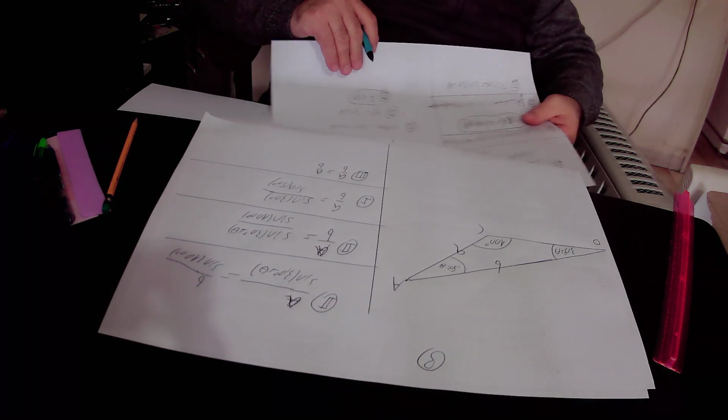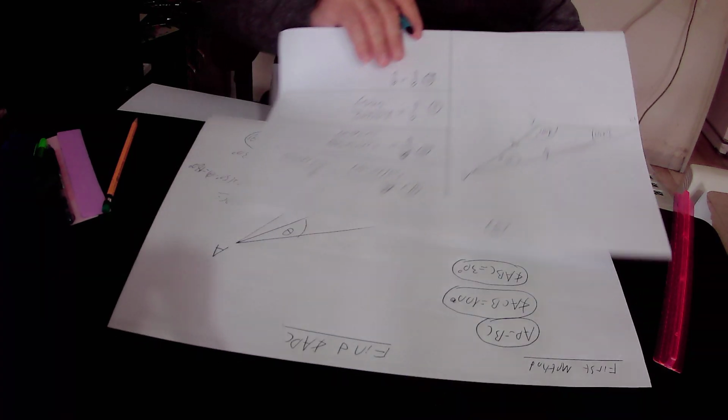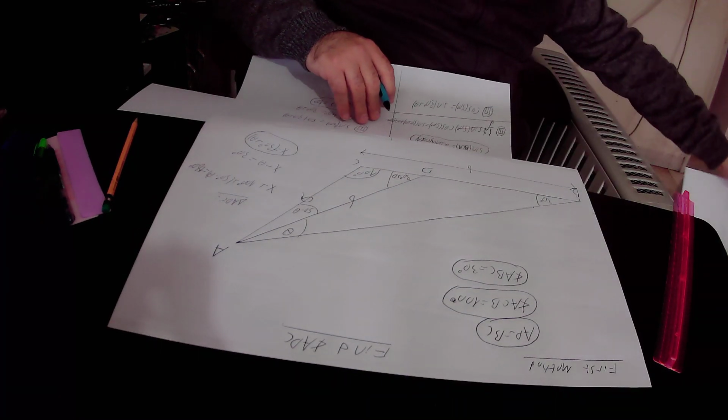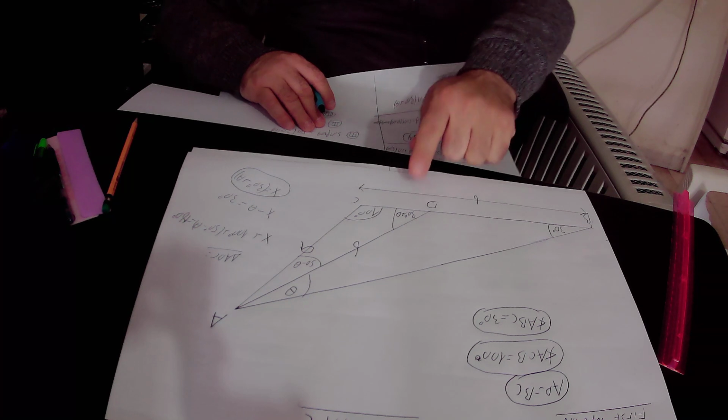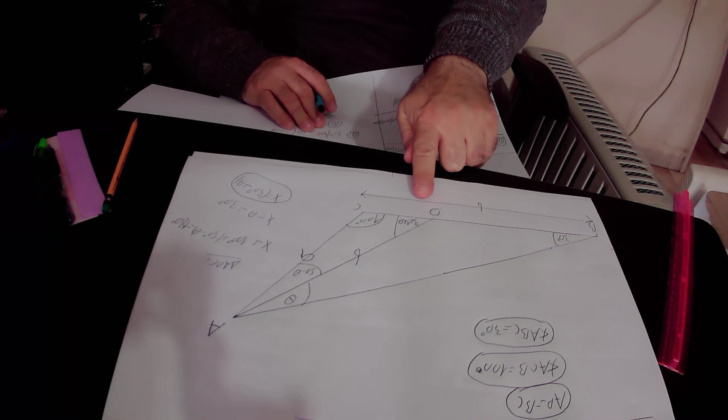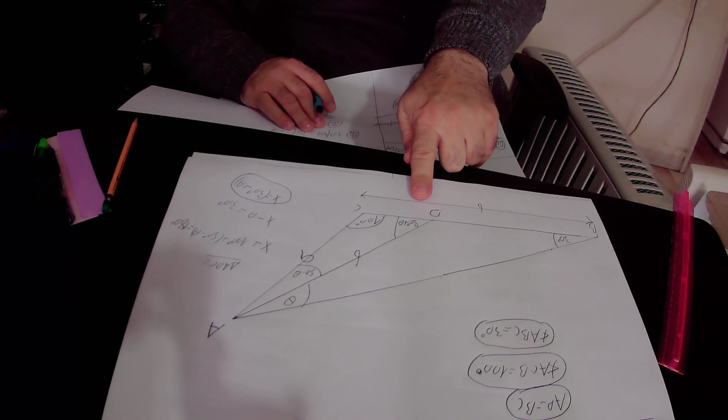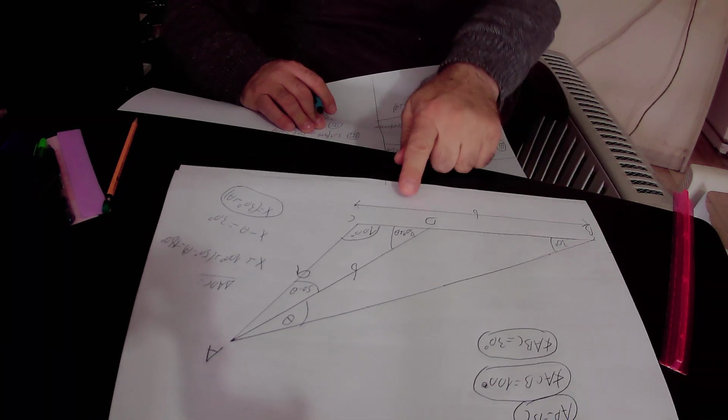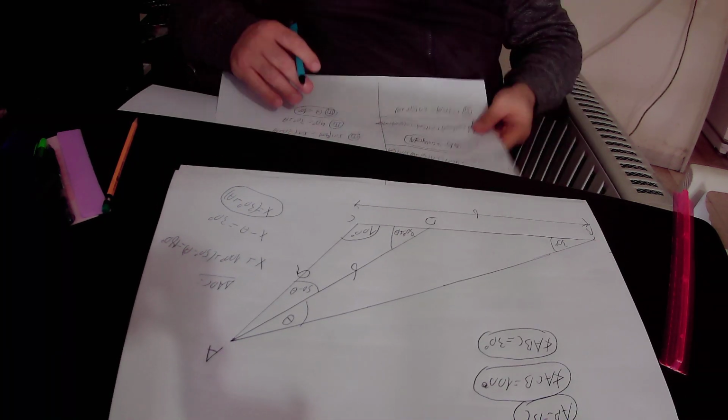And the angle that we are looking for is actually angle ADC. As you can see in the drawing, angle ADC equals 30 degrees plus theta.